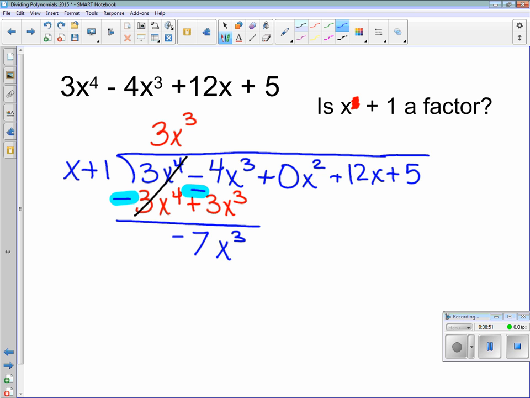April has her hand up. You'll wait till we get caught up to you. Tim? What's going to be that primary sign going between 3x to the 4th and 3x? Negative.